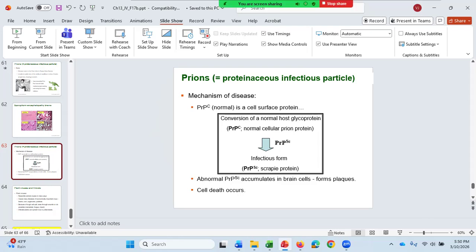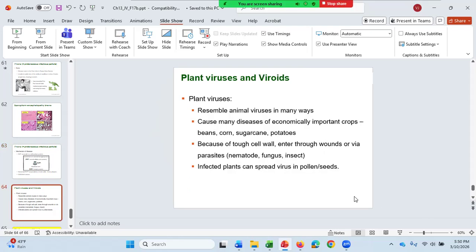All right, let's move on. Plant viruses and viroids we need to talk a little bit about. Plant viruses resemble animal viruses in many ways. They cause many diseases of economically important crops, such as beans, corn, sugarcane, and potatoes.